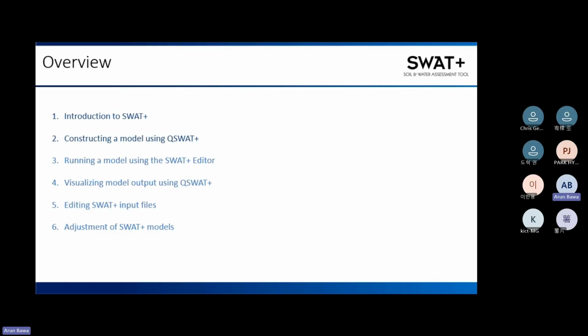I will explain the SWAT theory, and then we will construct a model using QSWAT Plus today. The first and second parts we will try to cover today, and tomorrow we will run the SWAT Plus Editor and visualize the SWAT Plus output through the editor itself.